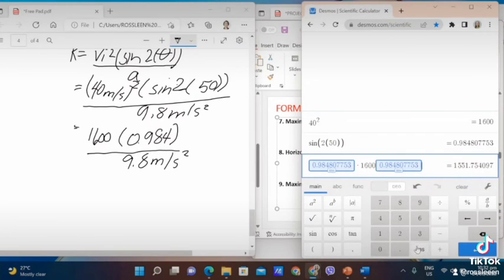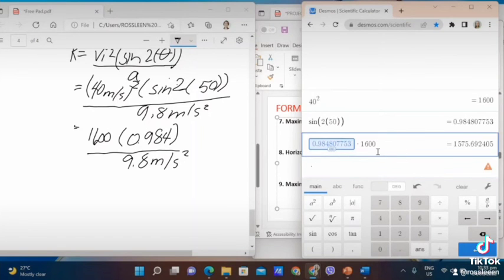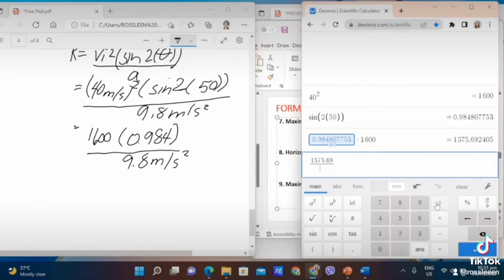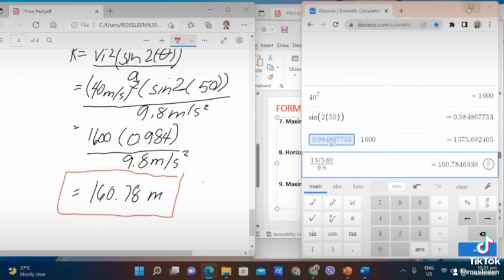Now, multiplying 1,600 by 0.984, and dividing it by 9.8 meters per second squared, the answer is 160.78 meters.